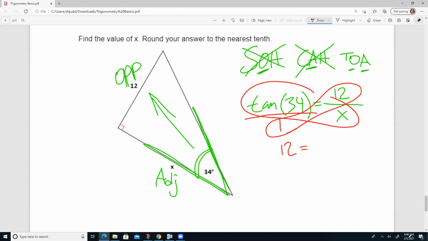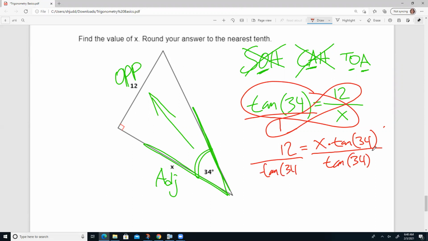Tangent of 34 times x gives me the tangent of 34 times x. We're going to go ahead and solve for x by dividing by the tangent of 34. Cancel over there so that we have just an x value.